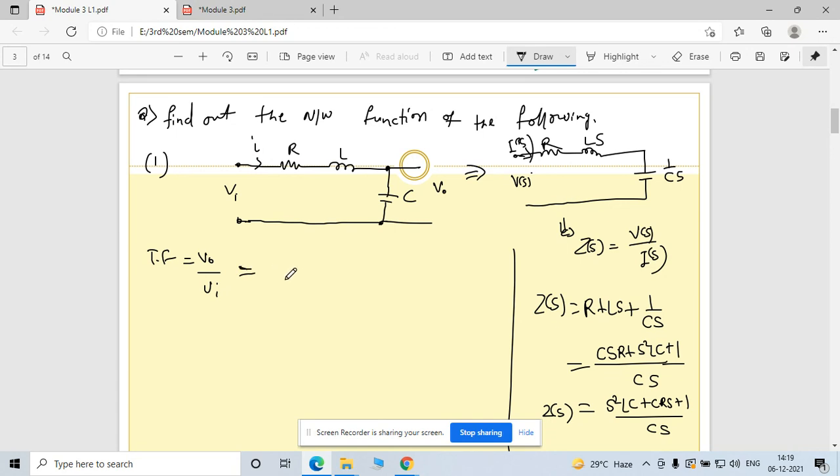Now the same current flows from this side, right? So how to find the V output?